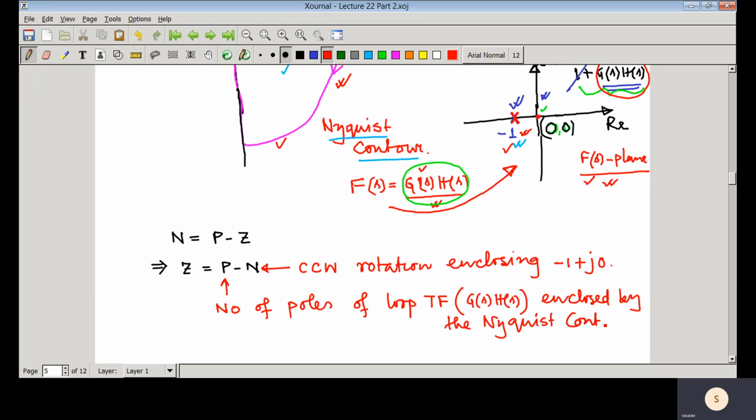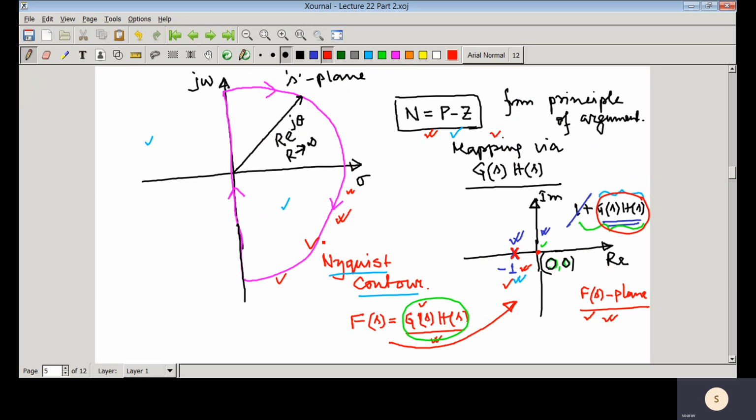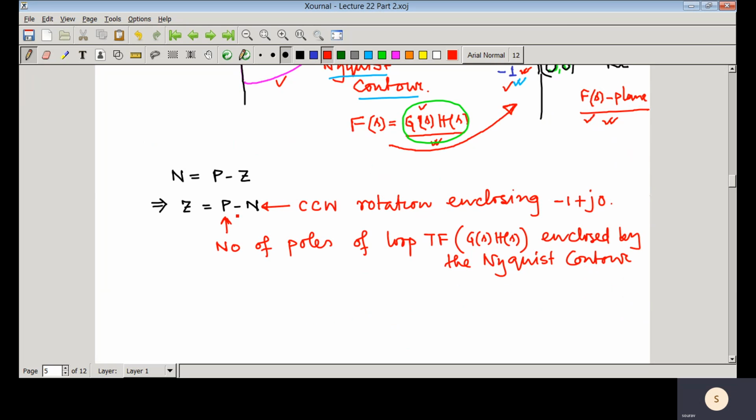So Nyquist contour is this one. So how many poles of the loop transfer function are enclosed by that Nyquist contour? That number is indicated by P.